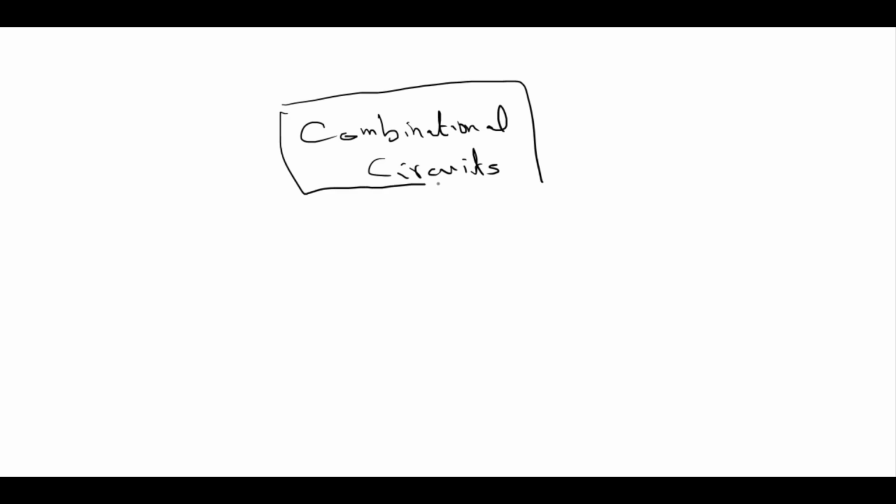The first thing you know is if you talk about combinational circuits, they have inputs, they have outputs. Let's suppose they have number of inputs m and number of outputs n.